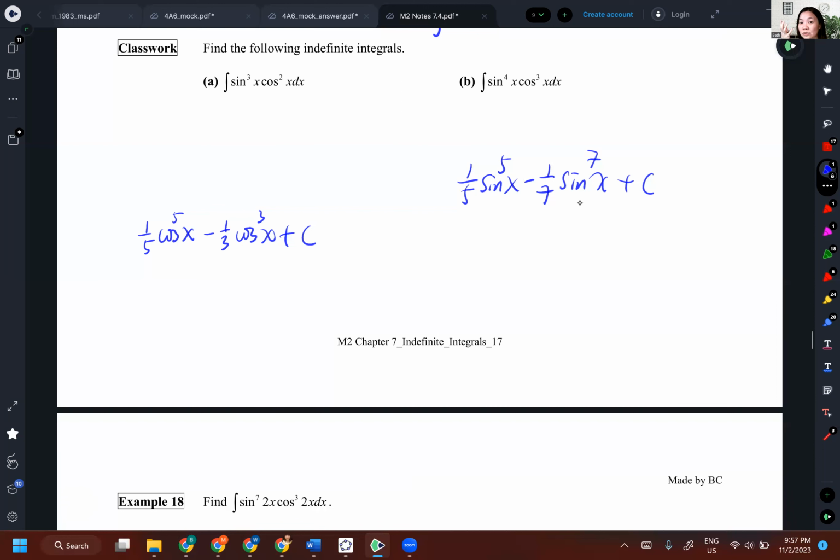I think with trigonometry especially, not with the other functions, because with other functions, if they look different, usually they are actually different. Therefore, the answer should be wrong if your answer doesn't look like the answer.